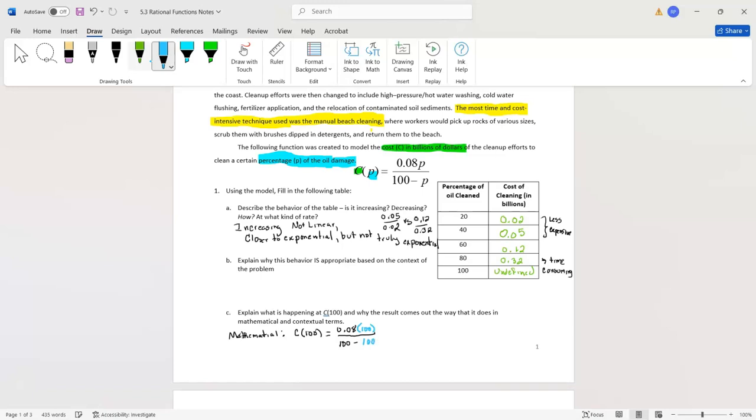On the top we end up with 8 over 0, and we know that nothing can be divided by 0. So this forces the value to be undefined, because division by 0 is impossible.